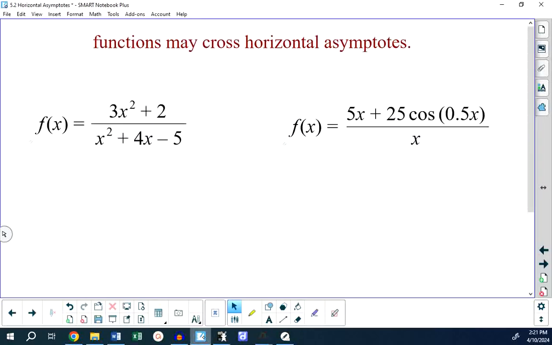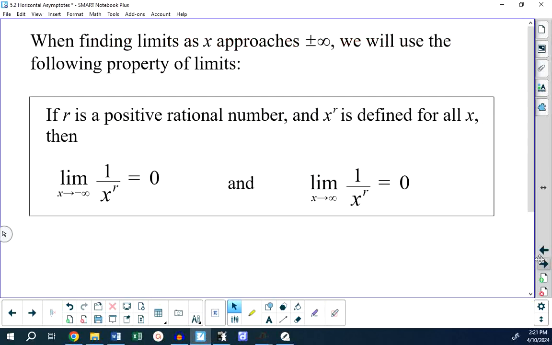Okay, so how do we find these limits? We have to use this basic idea. We find limits as x approaches infinity by knowing that I'm going to start with the limit on the right. And I just want to rewrite it so that I can see it a bit larger.